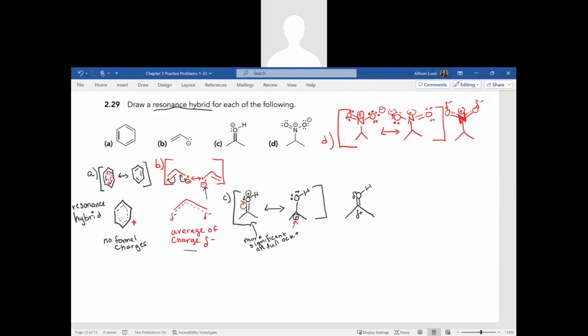So that does not have a full octet. It's electron deficient, has a positive charge. So what we see over here in our resonance hybrid is both a partial positive charge on the carbon, and then we also have a partial positive charge on the oxygen.